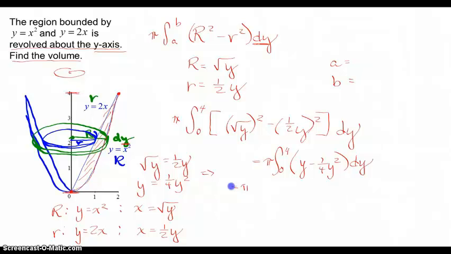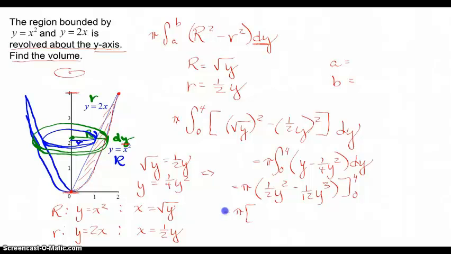Please don't forget your pi. We'll talk about the most common mistakes made in this setting when we get through with our examples, but one of them obviously is dropping the pi out in front. So antiderivative, 1/2 y squared minus 1/4 times 1/3 or 1/12 y cubed, and we are integrating from y values of 0 to 4.